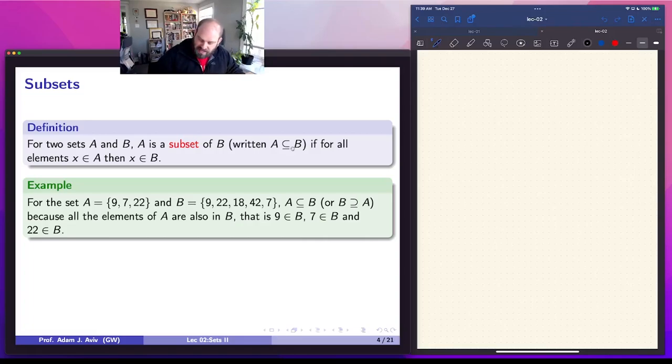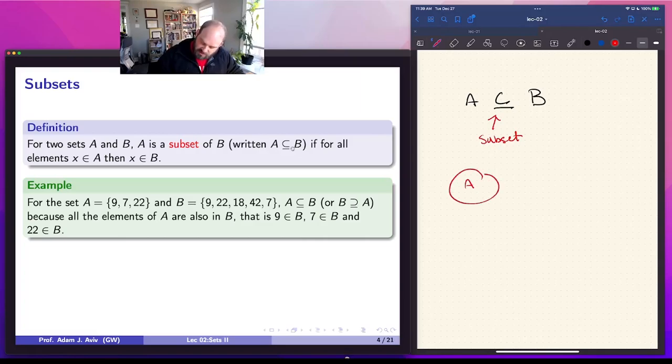So when we say that A is a subset of B, what we mean is, let's say A contains some set of elements.